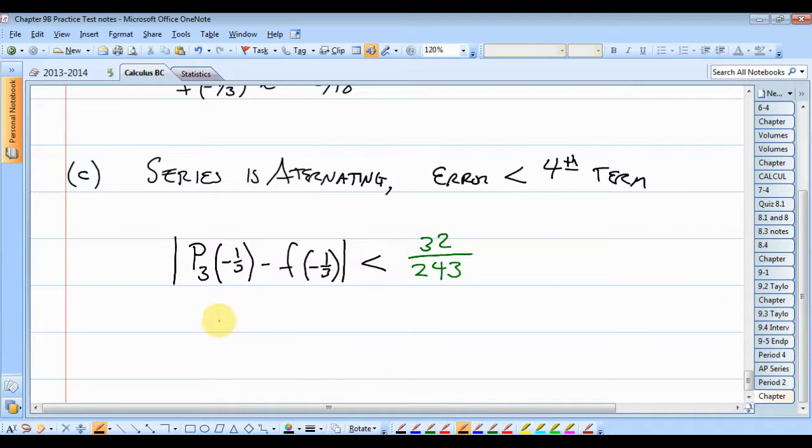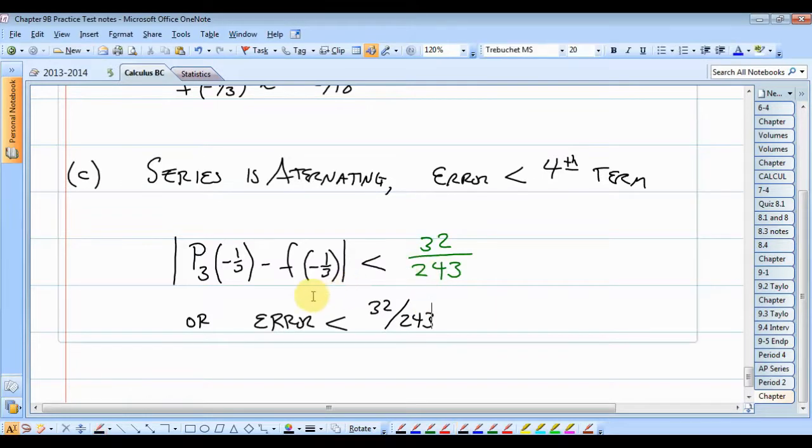Or another way of writing it is the error is less than 32 over 243. Either. The only danger is I want to make sure that you recognize that P3 minus f of negative 1/3.